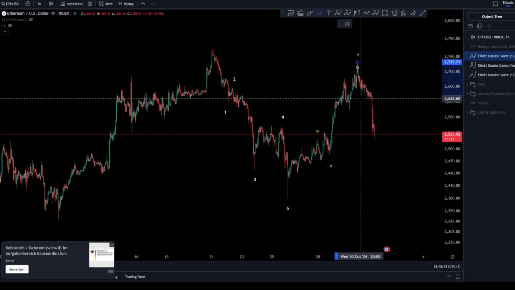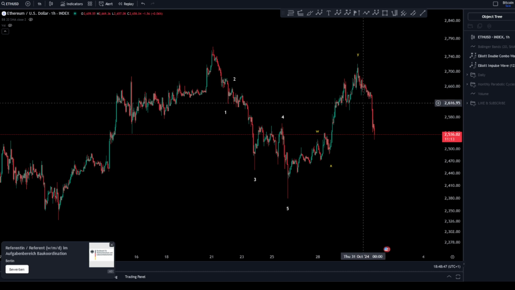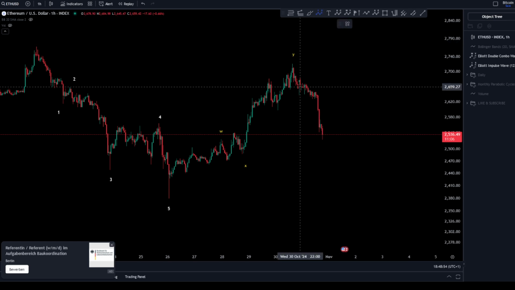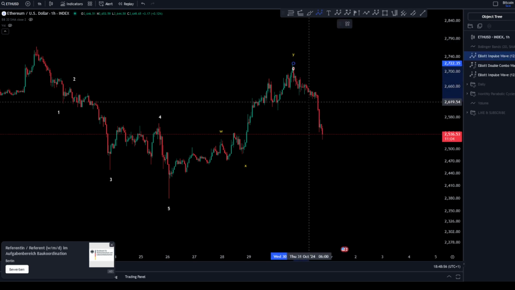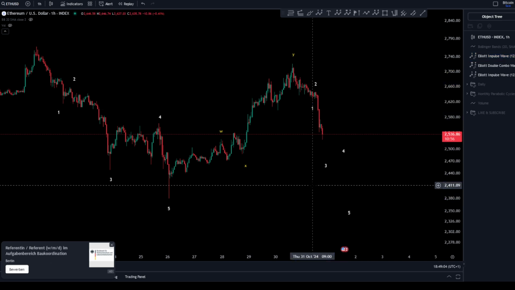Before labeling this, we are looking here possibly at a 1, 2, 3, 4, as this is a contracting diagonal for your wave 1, 1, 2, 3, 4, 5. Yes. So possibly we are looking at a 1 or A, B, and C. No, this is your 1, 2, and then 3, 4, 5.